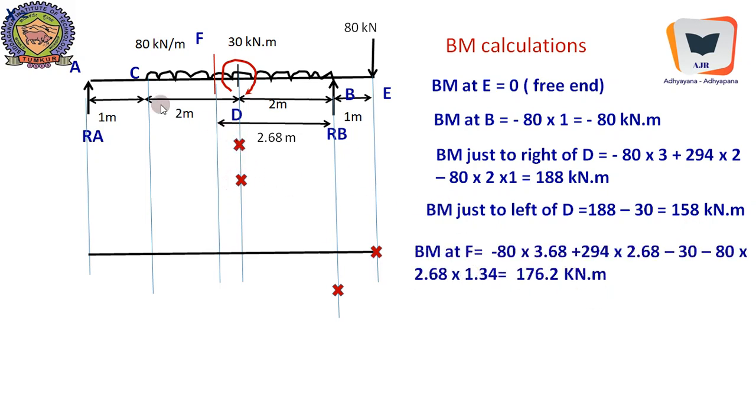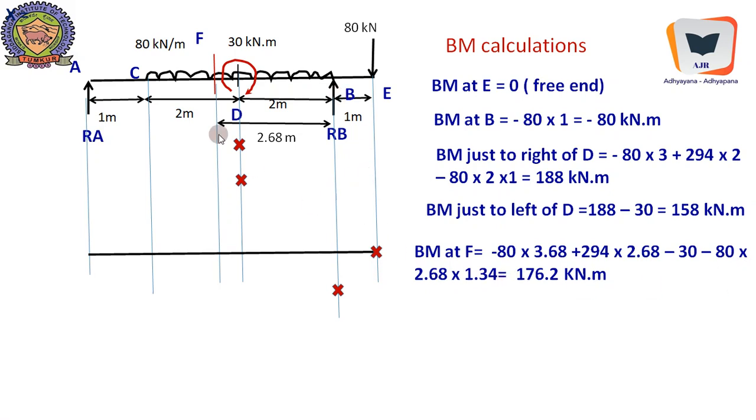Now bending moment at F, the very important point, because shear force is 0. It's minus 80 into 3.68 till then, plus 294 into 2.68, the reaction, minus 30, the applied moment, minus 80 into 2.68 into 2.68 by 2, because from here till here it is 2.68.